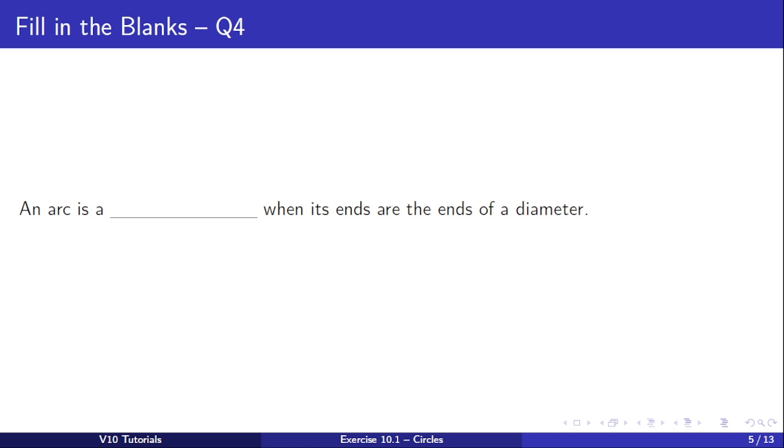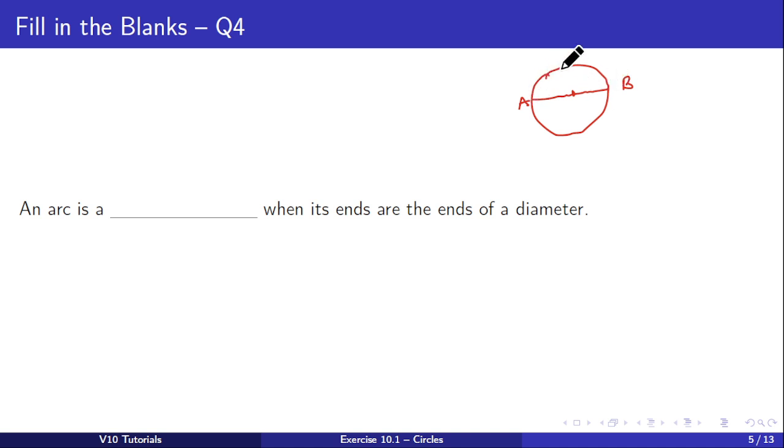Question number 4. An arc is dash when its ends are the ends of a diameter. Okay, this I have not mentioned in the previous video, but it's a simple one. So let's say you have a diameter here. Now, if you take this as point A and this as point B, this is your chord.